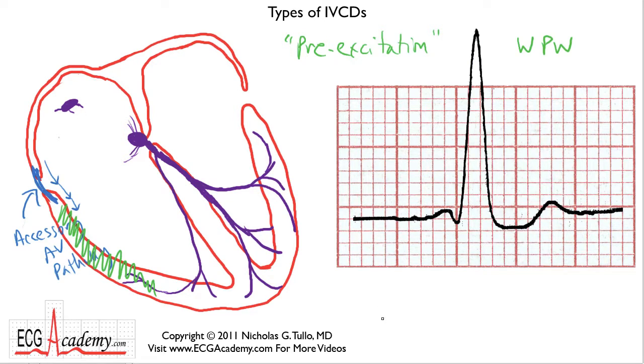Think of it this way. In a normal heartbeat, you have a PR segment, and then the QRS starts, and it's a very sharp upstroke in the QRS complex. In people with pre-excitation, the P wave occurs on time, but because part of the ventricle is excited early, the QRS complex starts early.